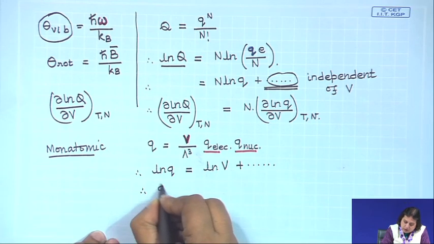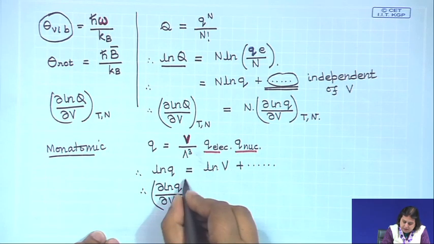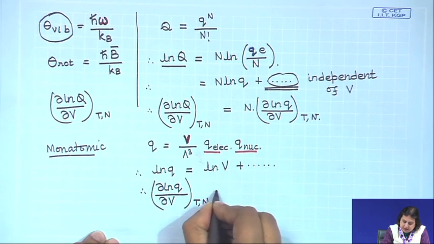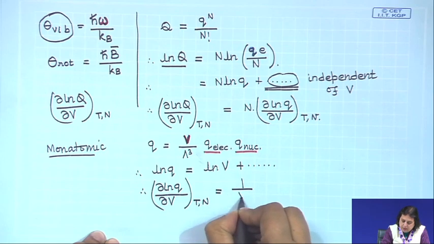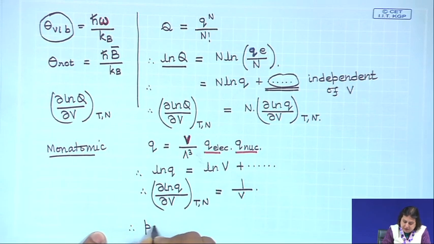And therefore, what is del ln q del V, keeping T and N constant? It now turns out to be 1 by V. Therefore, I can go back and look at the definition of pressure.